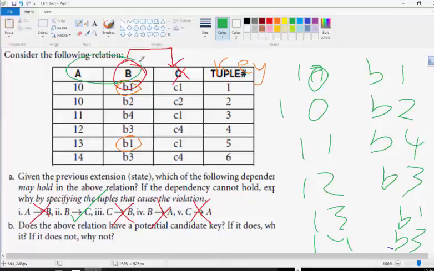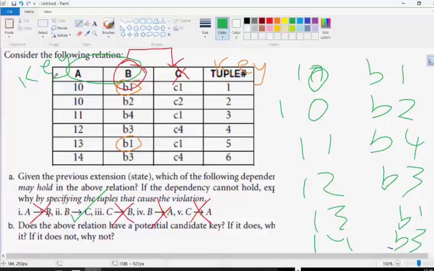So this is another key. No, I'm saying I don't have 10 B1 repeating. There's no other 10 B1. That pair, there's only one 10 B1.